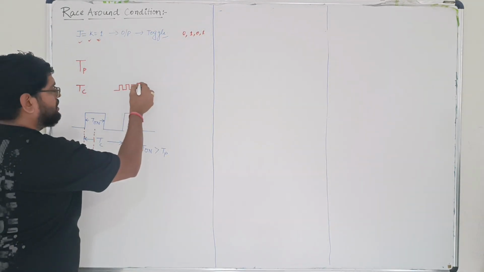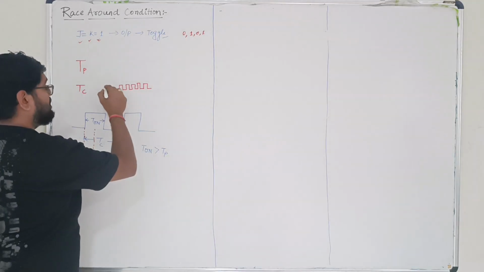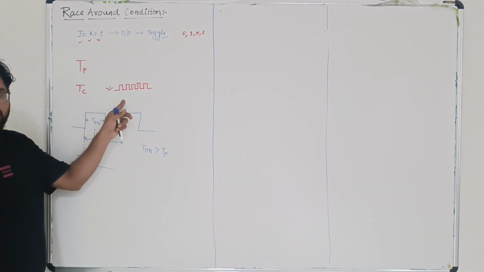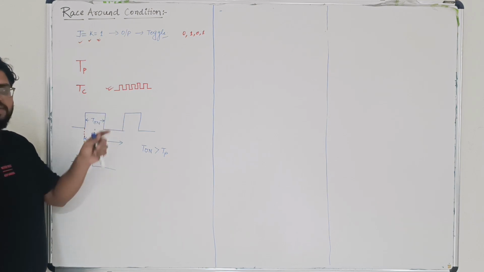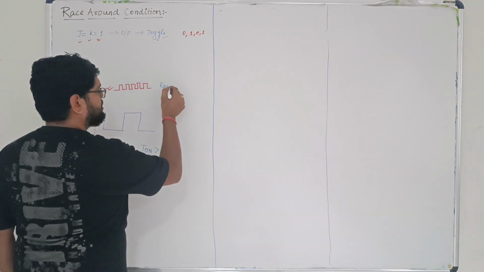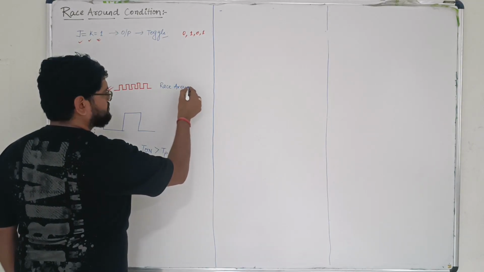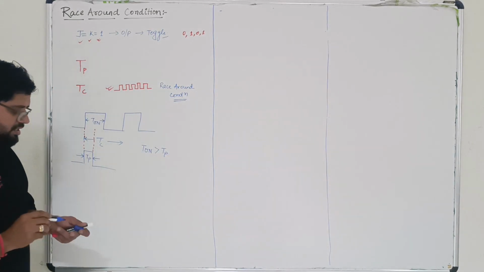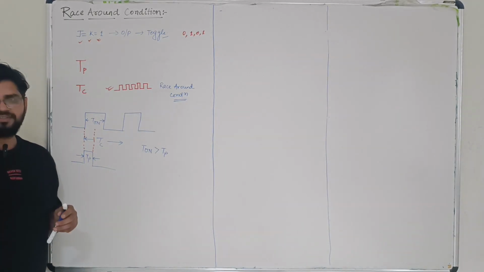This fluctuation is known as race. This condition is termed race condition or race around condition.